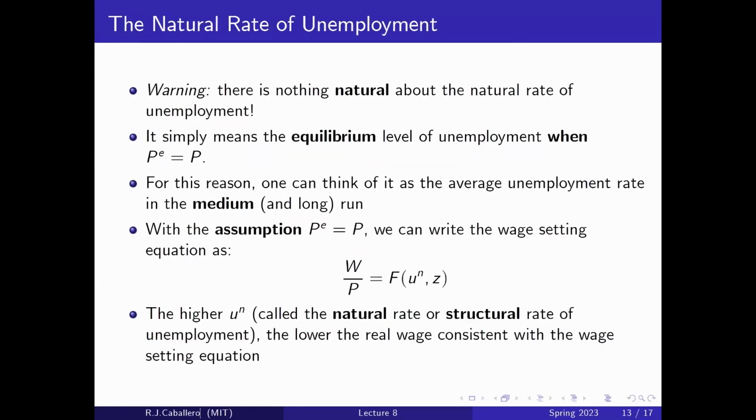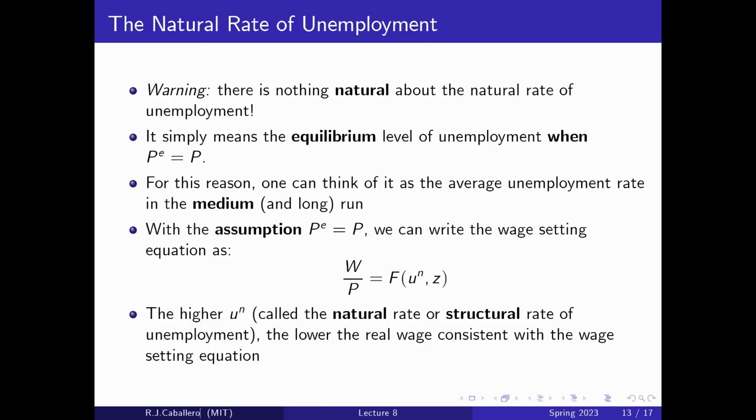So then, we look at a concept that is important, which is the natural rate of unemployment. And we said the natural rate of unemployment has nothing natural about it. It just means that it is the level of unemployment when the price is equal to the expected price, or the expected price equals the price you pick. Okay?